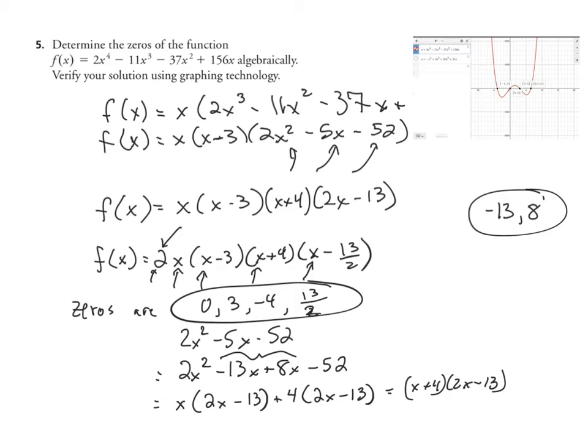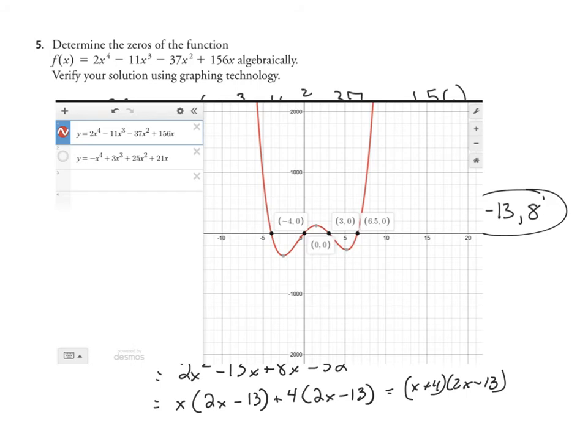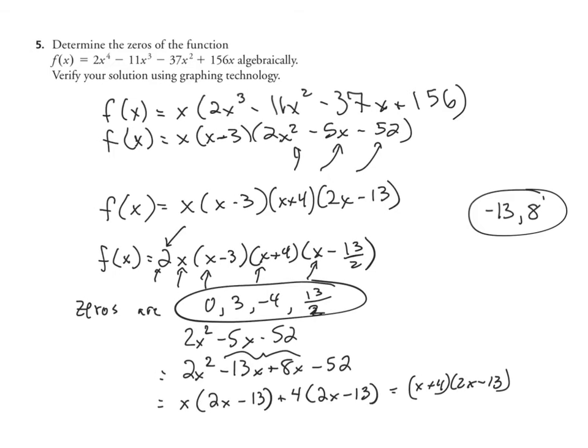Here's the graph of f of x, and as you can see, the places where it equals 0 are at negative 4, 0, 3, and 6.5, which is the same as 13 over 2. And so those were the correct answers that we did algebraically.